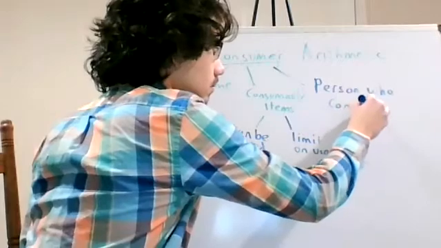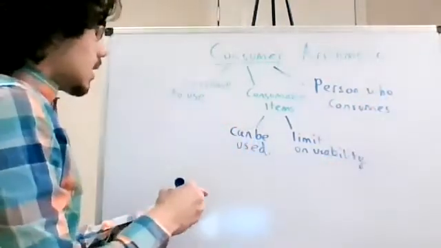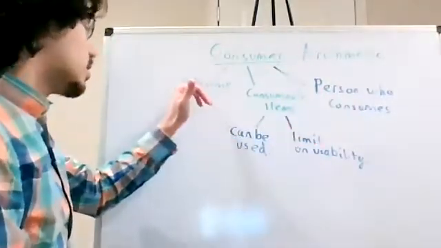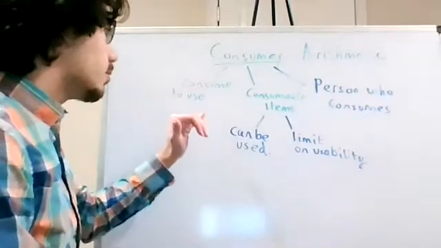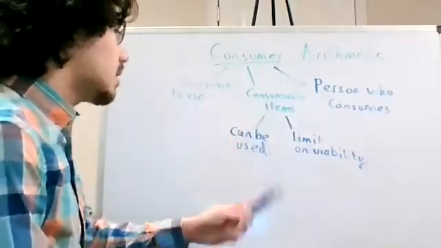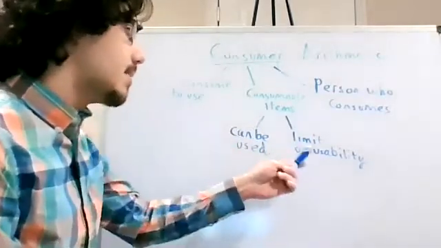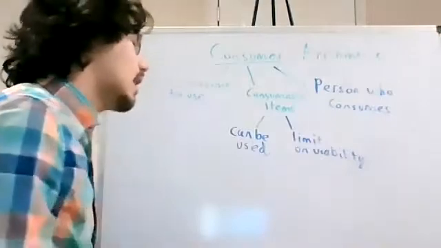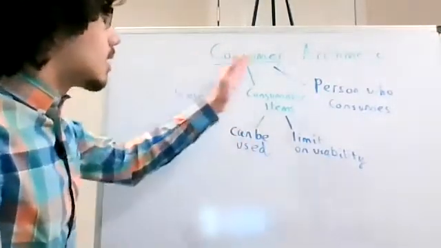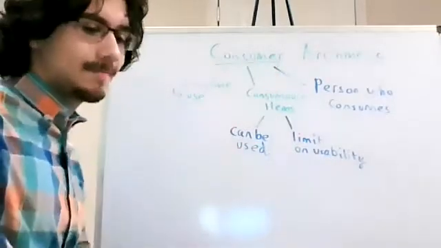Consumer refers to a person who consumes, and to consume means to use, and you use consumable items, which are items that can be used and typically may be a limit on their use, may be limited in how many times it can be used. So the consumer arithmetic refers to all of these ideas.